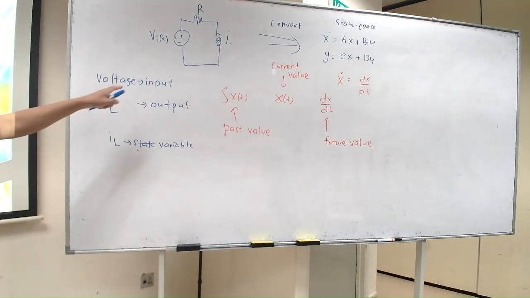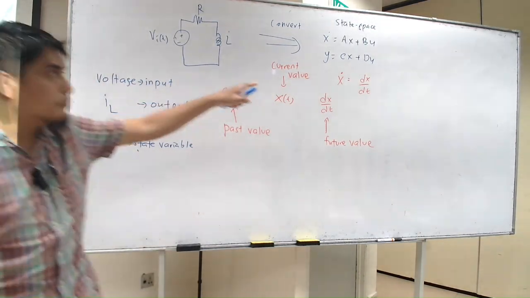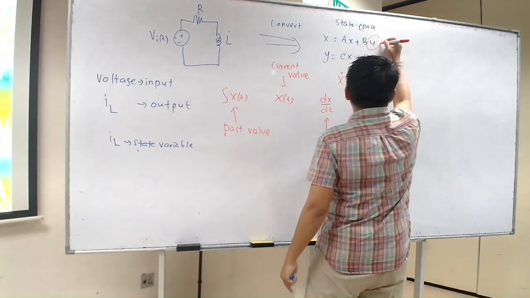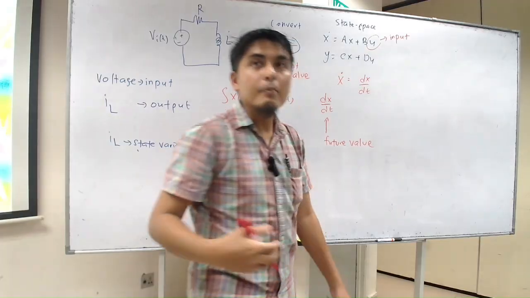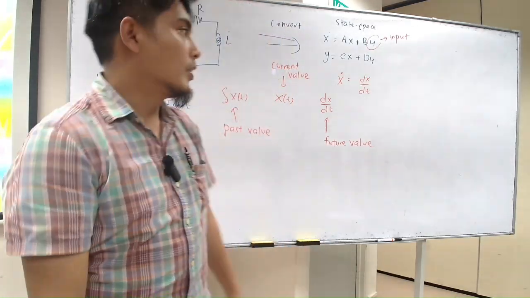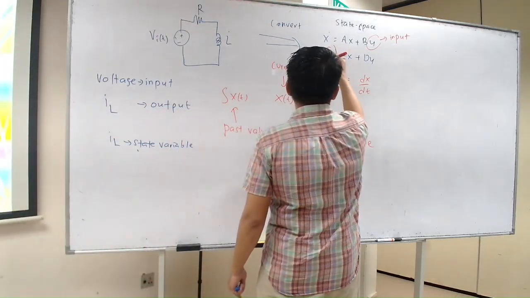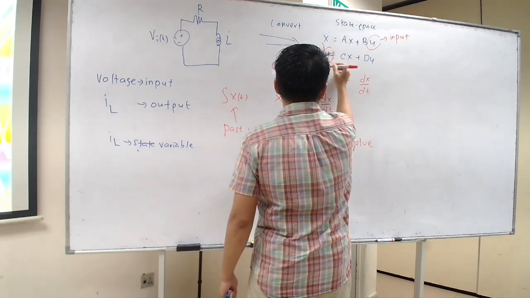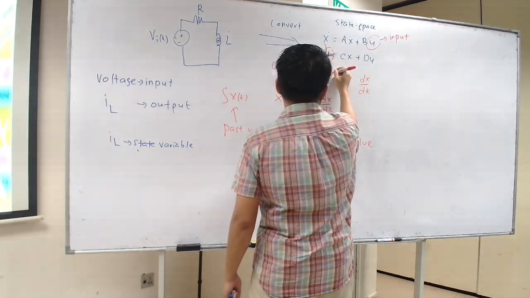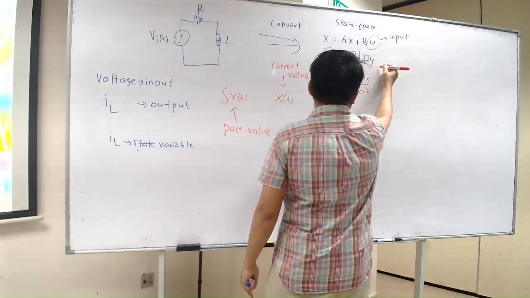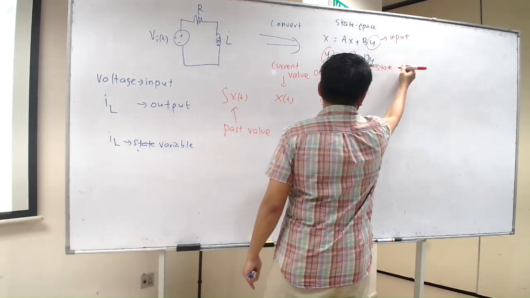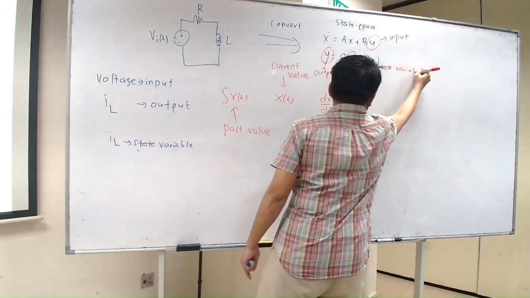According to the state space equation, you refer to the input. U is the symbol of the input. Okay. Y is the symbol of output. X is the symbol of state variable.